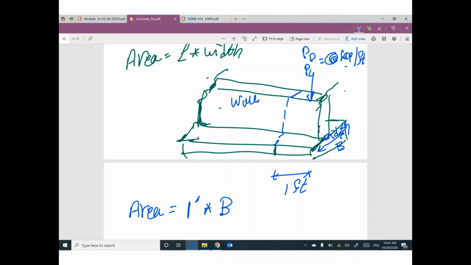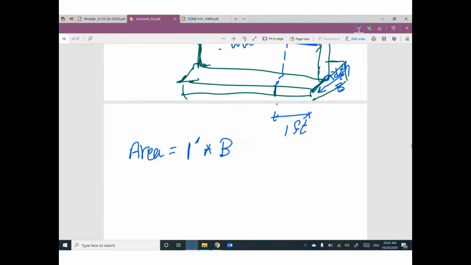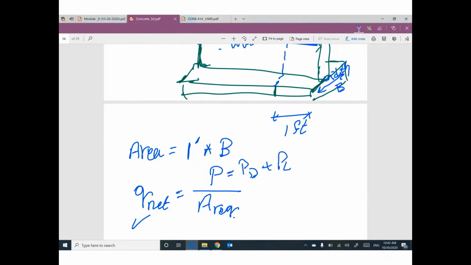We are taking only 1 unit length, 1 foot. So q unit equals P divided by area required, where P equals P dead plus P live without factor. I can figure out the area required.